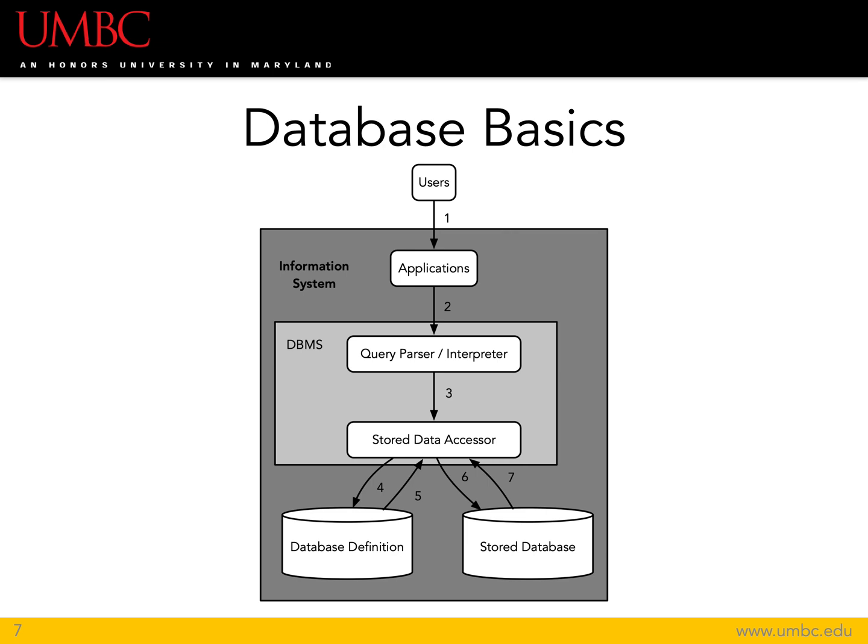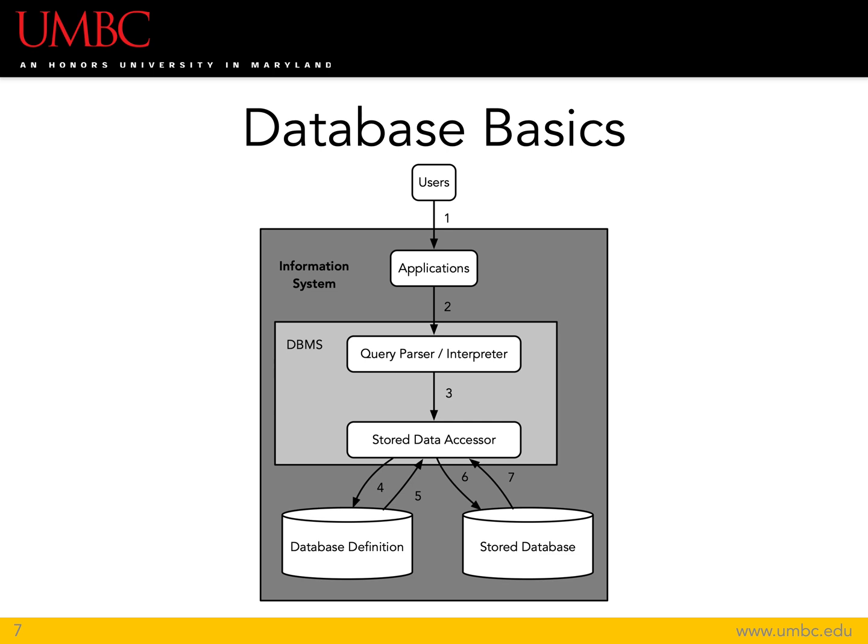So this section is a little bit remedial, and then it covers some stuff that many of you have probably already seen before. A database is managed by a DBMS, right? So the basic way that a database is accessed happens essentially in this fashion. The user makes a request to some application. The application turns that request into an actual query that can be run on a DBMS.